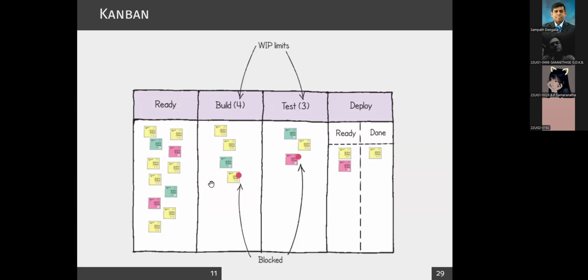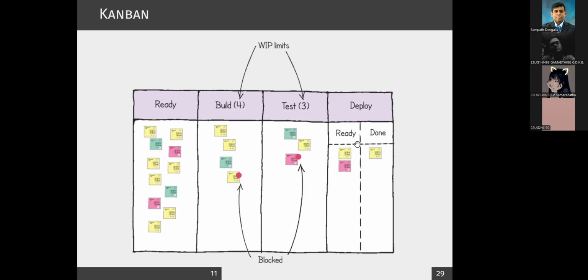For example, when I want to start a new task, you pull a task from ready to build, right? That's how it works. Depending on the capacity, depending on the availability, you are going to take, because you pull the tasks.